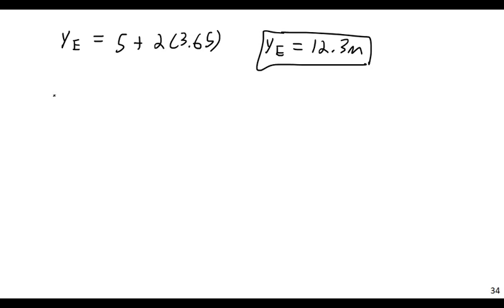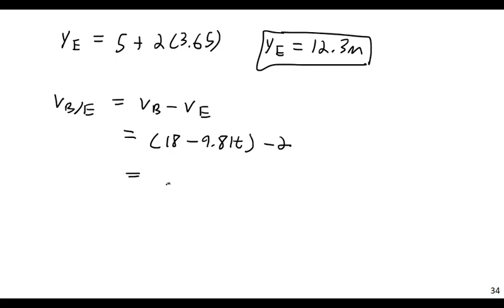And then for the impact velocity, first I need to find the velocity of the ball with respect to the elevator, its equation. This is just going to be the subtraction VB minus VE, or 18 minus 9.81 t minus 2. So this is the actual equation for VBE, the velocity of the ball relative to the elevator: 16 minus 9.81 t.